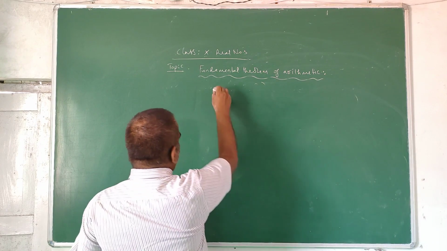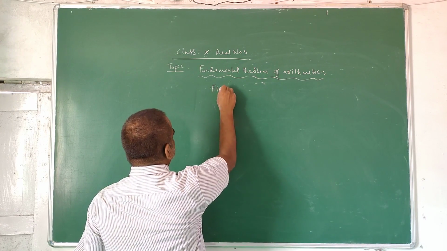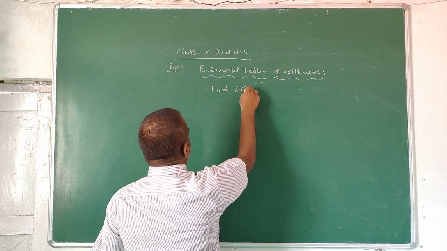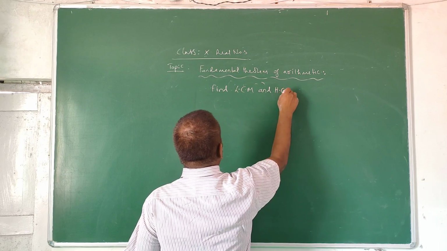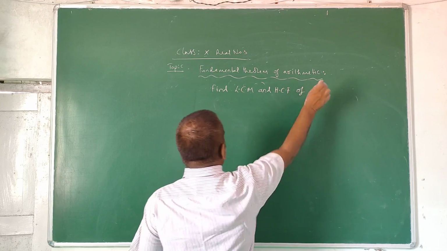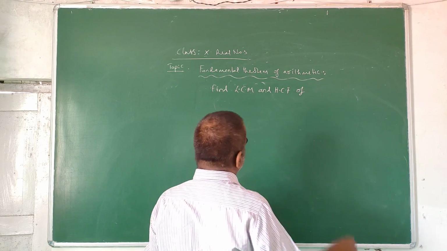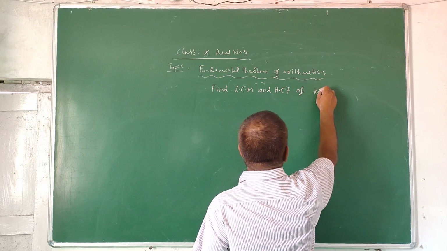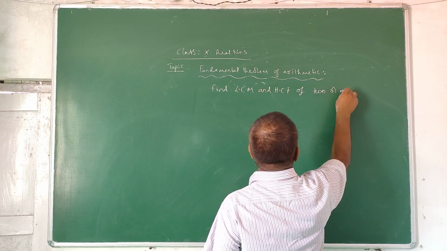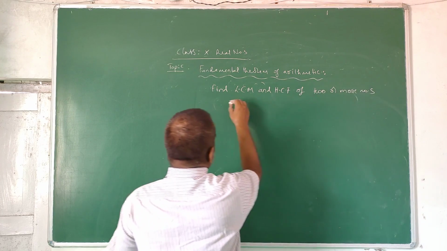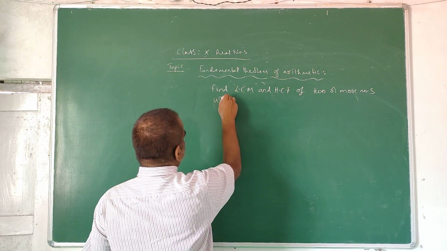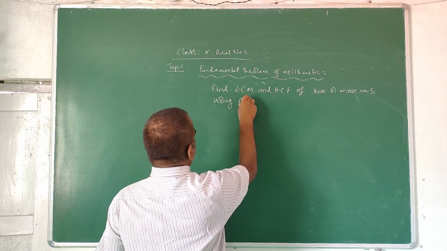So, finding LCM and HCF of two or more numbers using the prime factorization method.